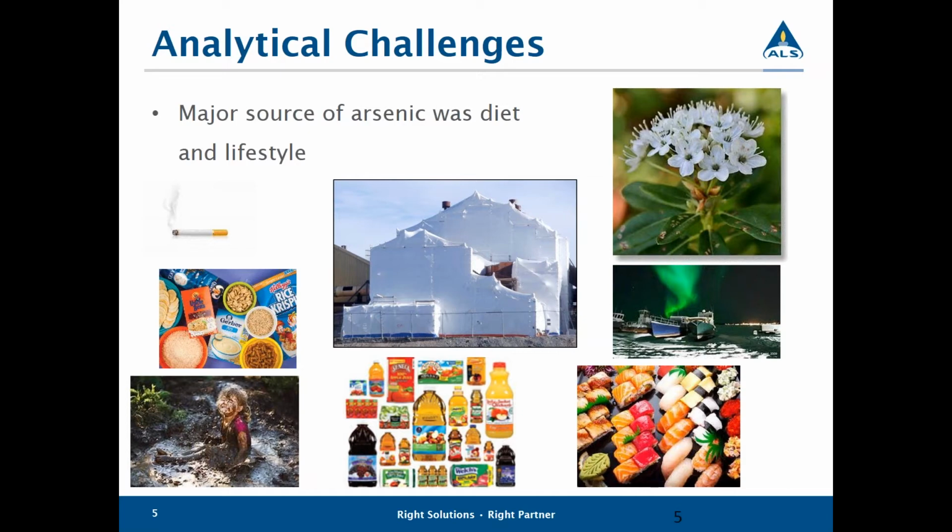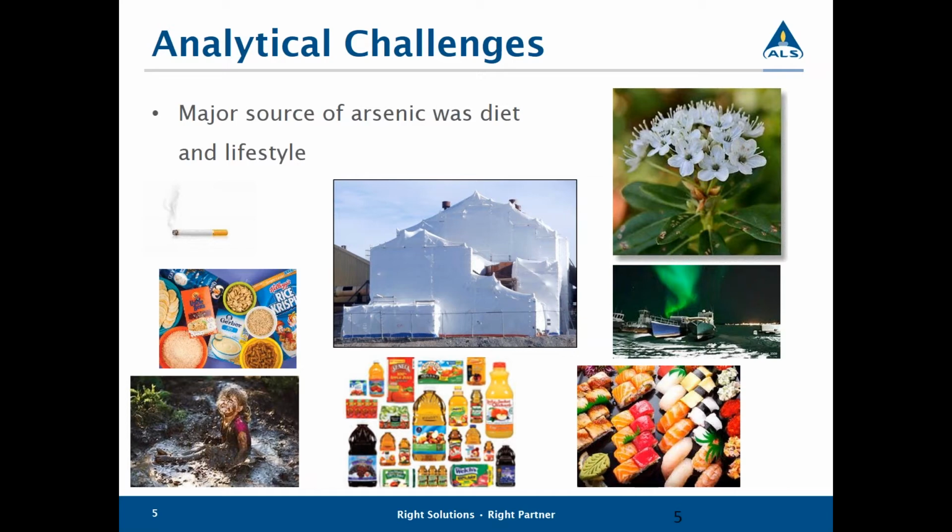But some of the other things that are on this picture, on the top right-hand corner, is also Labrador tea, and arsenic is quite high in Labrador tea. So that's commonly drunk in the area. You also have arsenic present in seaweed and seaweed cakes, which are also quite a common food source for local indigenous people in the area.